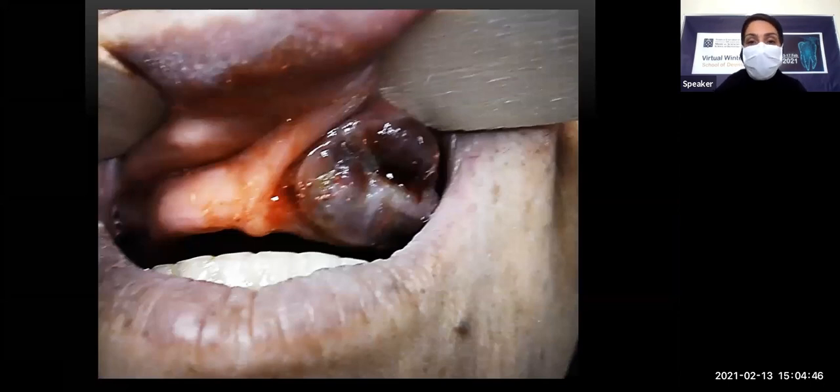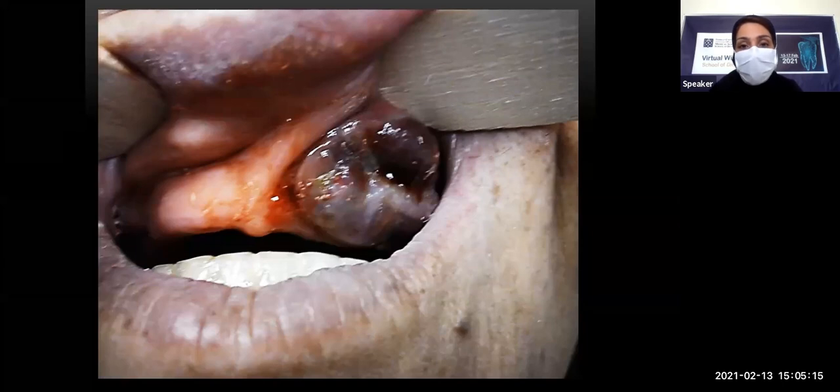Also, we had a case with this clinical feature that you see in this slide, and I'm sure you will agree that it's very similar to the previous cases, but maybe the lesion is darker in color, and we also faced a 50-year-old female.